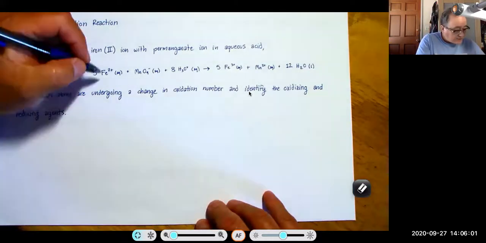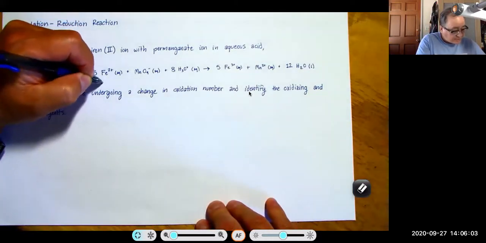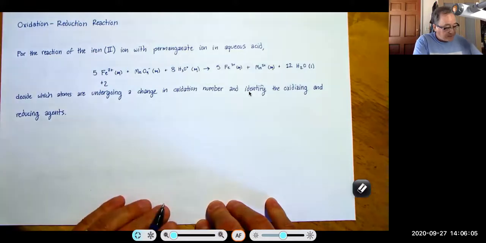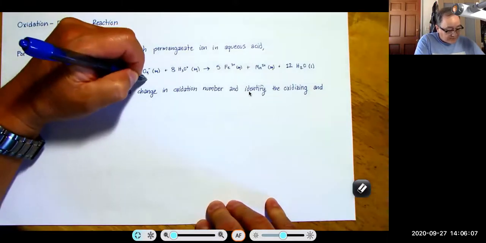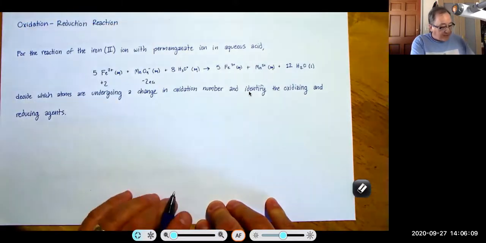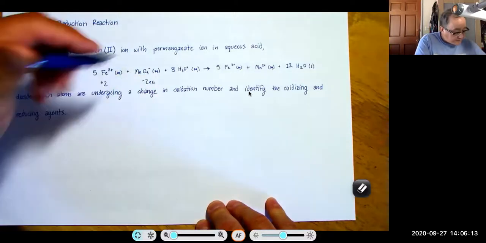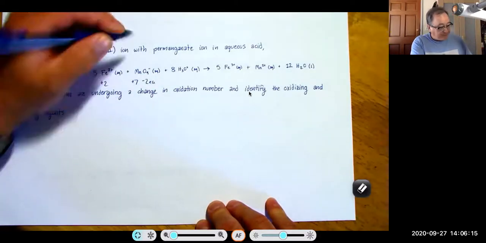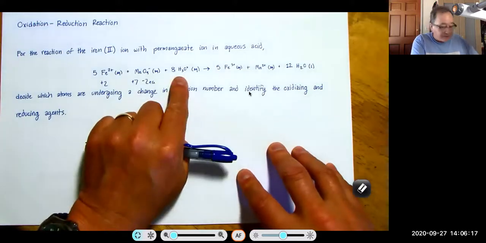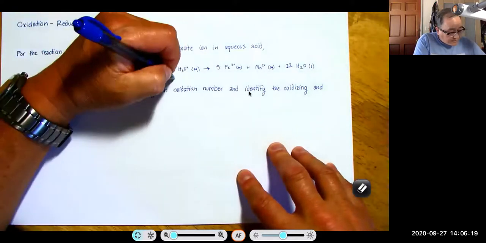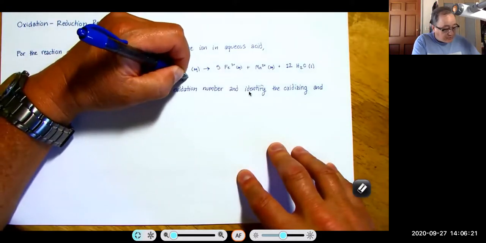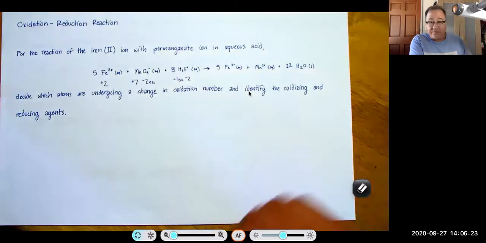What's the oxidation number on this iron? +2 because it's a monoatomic ion. The oxygen is -2 each. And so that this has a -1 overall, this has to be a +7. Now, in H3O+, the hydrogens are +1 each, and the oxygen's -2, and that will end up with a charge of +1.